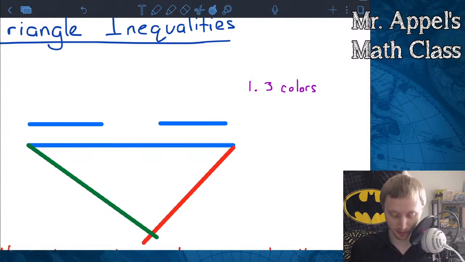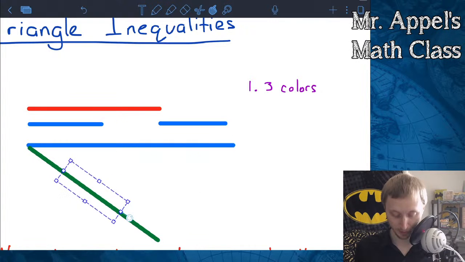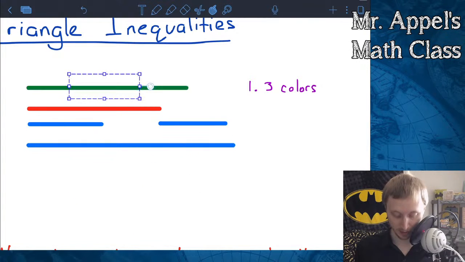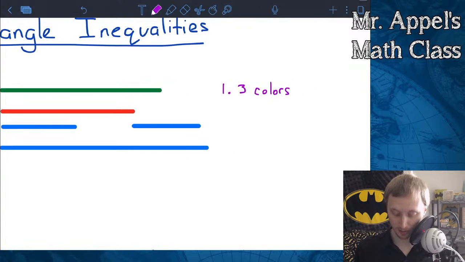I'm not gonna waste your time fiddling with my device here to get it exactly perfect. But I think we can see now that yes, that's definitely going to work. Let me get them back into position there. So 3 colors, yes, it will work.